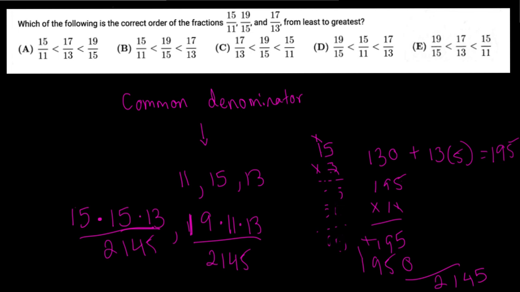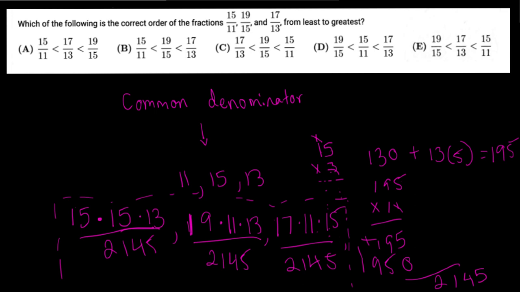So I'm going to go ahead and clear some space here. And then 17 times 11 times 15 divided by 2145. So all we're really doing here is we're multiplying the numerator by the things we multiplied the denominator by.